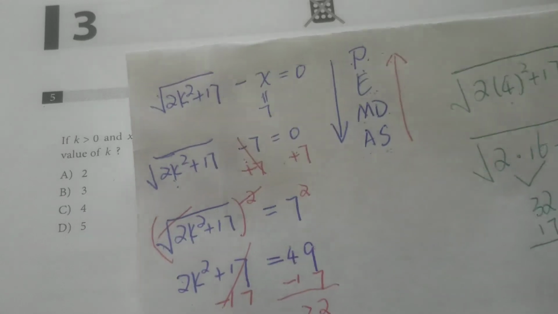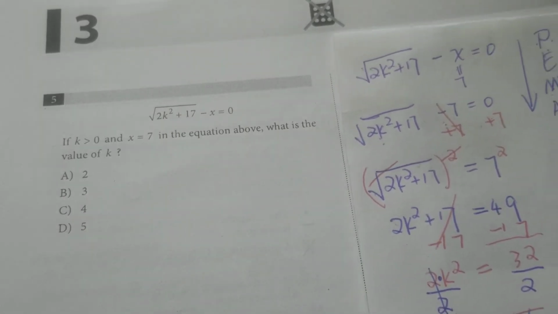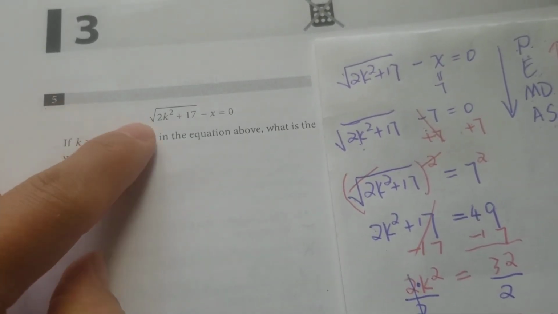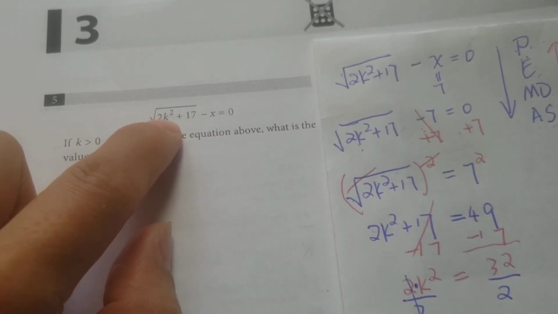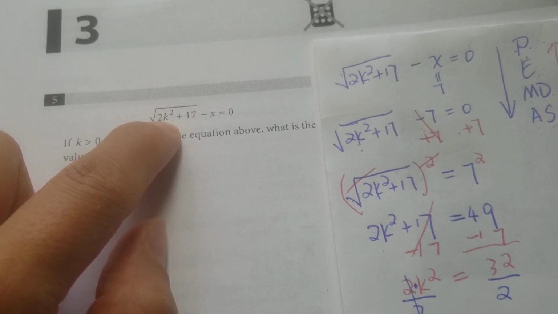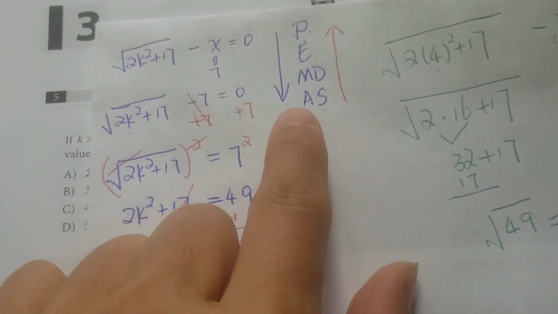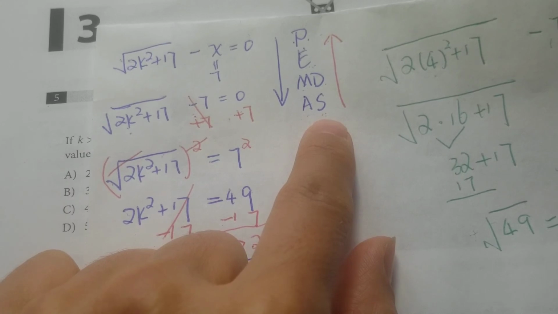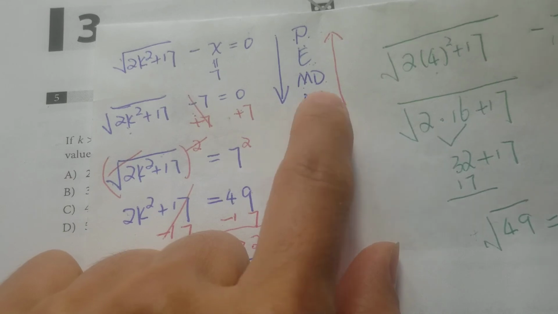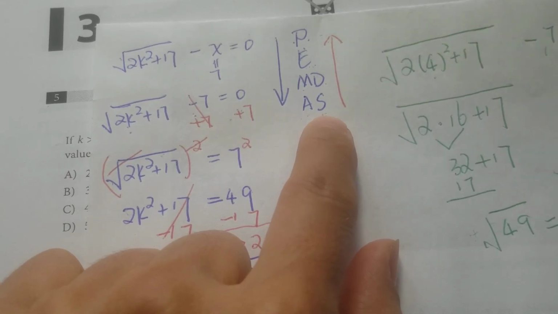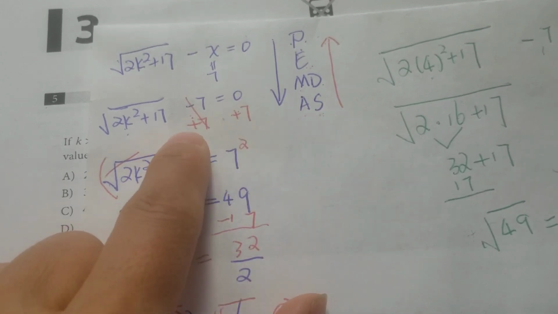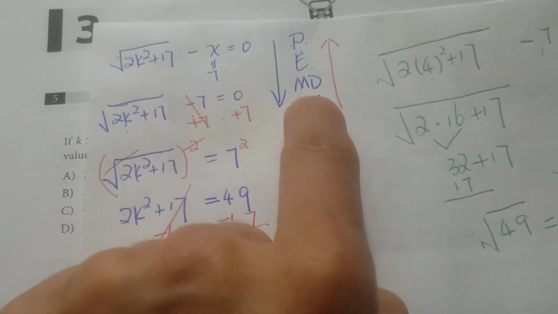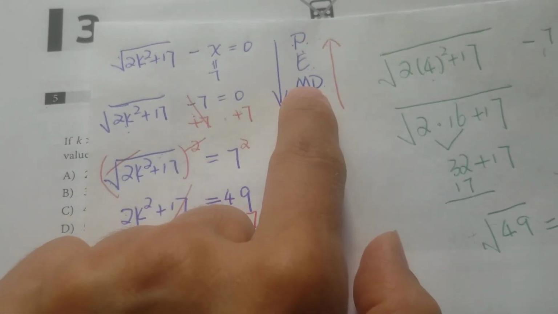Let me make a quick summary. For this kind of question, it looks really complicated, with square root or radical, but do not worry. When you isolate a variable, the only thing you need to keep in mind is the inverse operation. You can think about the opposite operation. So you deal with addition or subtraction first, and then multiplication or division second, and then exponent.